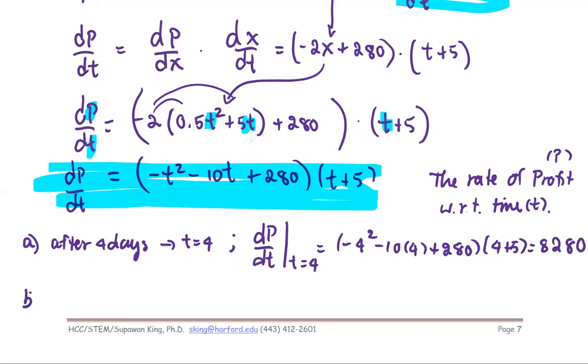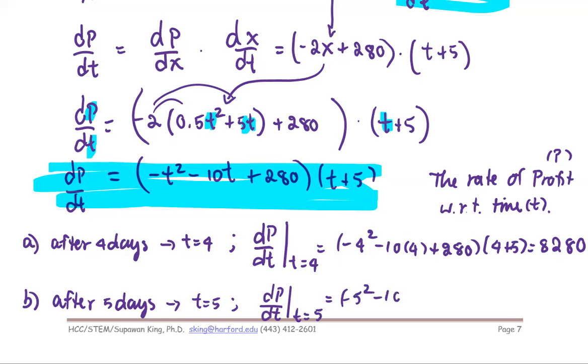And then for part B, after 5 days, that means we're going to replace t with the value 5 to find out the rate of the profit with respect to time after 5 days. It's going to be -5 squared minus 10 times 5 plus 280, and then multiply by 5 plus 5 and put it in the calculator.